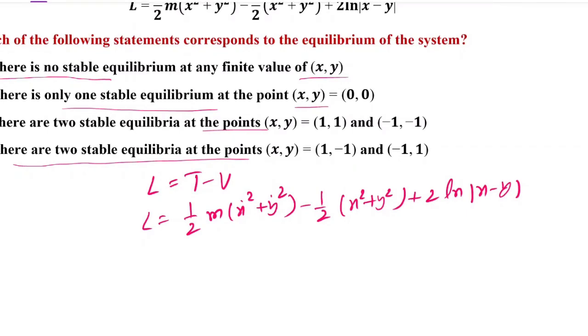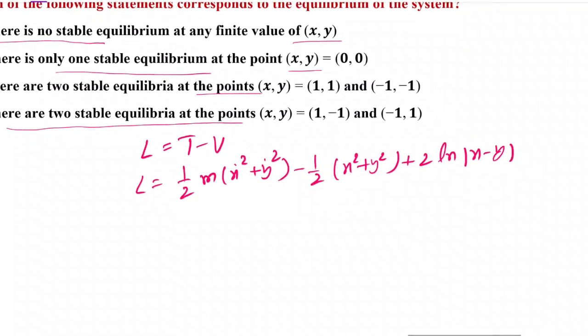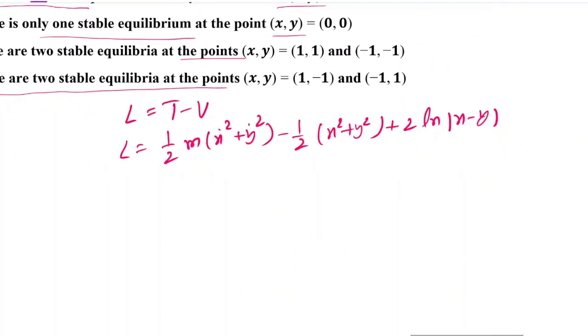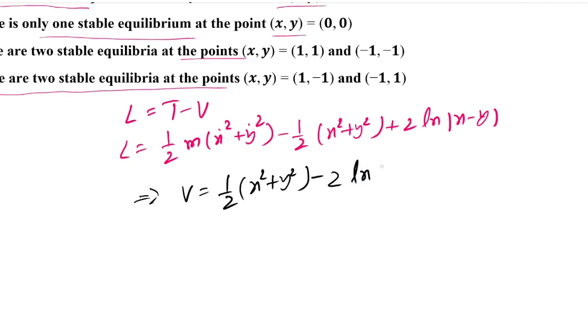Actually here we have no need of any kinetic energy term. We separate the potential energy term only. So from this we can write potential energy is half into x square plus y square minus 2 into ln of x minus y.